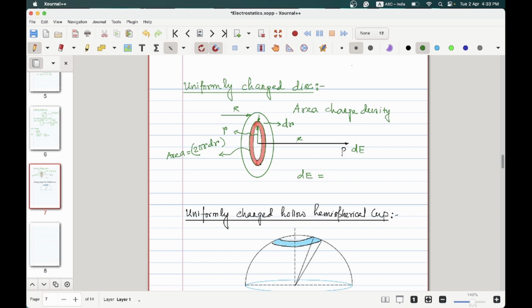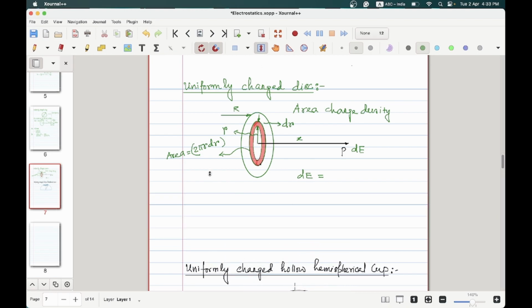So dE is what? Due to the charged ring, with surface charge density sigma equal to Q by pi R square.